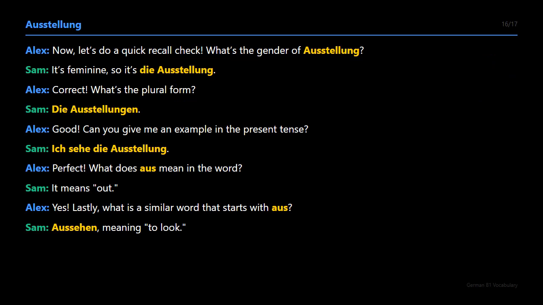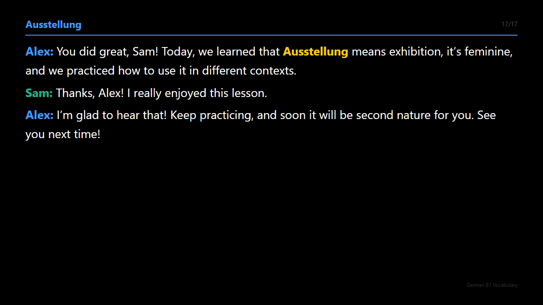Ich sehe die Ausstellung. Perfect. What does aus mean in the word? It means out. Yes. Lastly, what is a similar word that starts with aus? Aussehen, meaning to look. You did great, Sam.